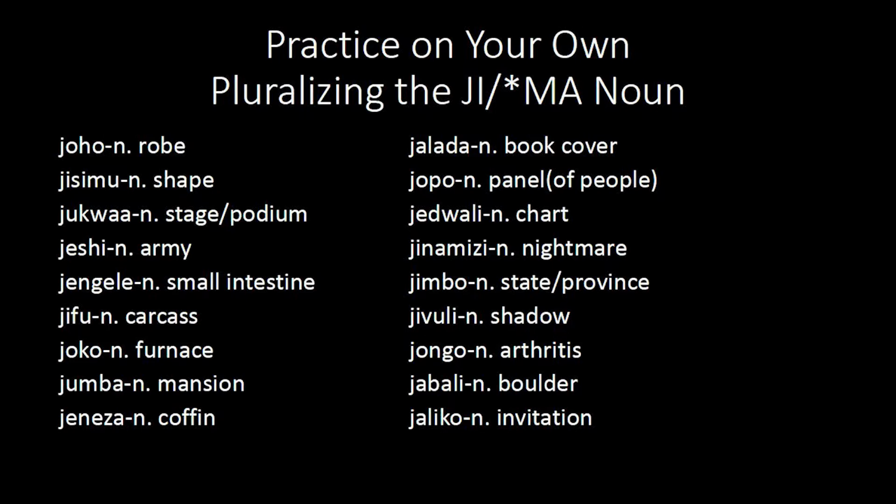And when you have a double vowel that's the same vowel at the end of a word, you have to stress it just a tiny bit. So instead of this being Jukwaa, it's Jukwaa, because the stress is right here on this first A.